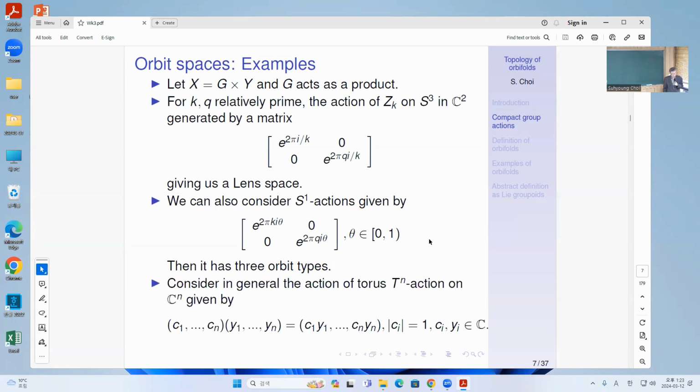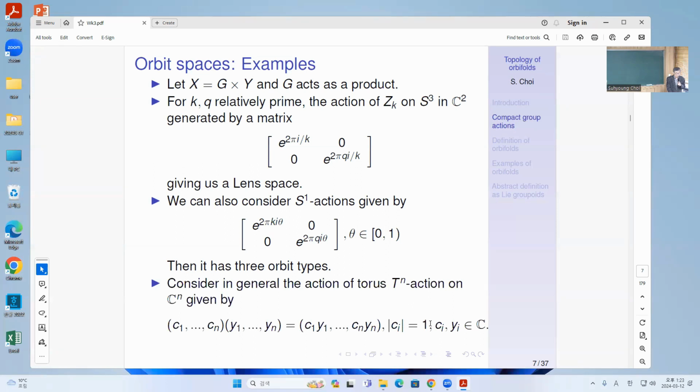Right. So in general, there's a torus action on C^n. It takes (c1, ..., cn), where the ci are complex unit numbers, and the yi's are in C, so these are all complex numbers.